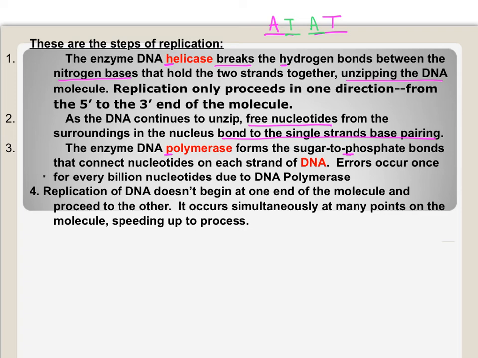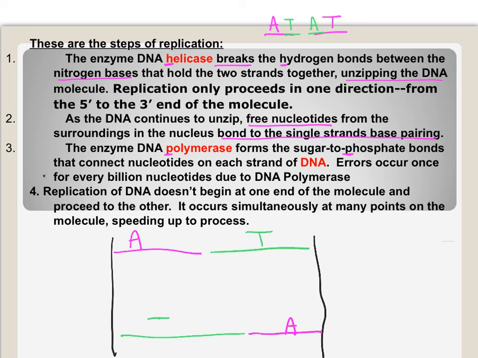So now I'm going to show you a very simple drawing of how replication is going to occur. Okay, so I'm going to draw a really wide DNA molecule, because you'll see why in a minute. So here's my sugar phosphate backbone, and I'm just going to draw it kind of small. So we'll make this our A's, and then we'll say this is our T's, and then we'll put some C's and some G's.